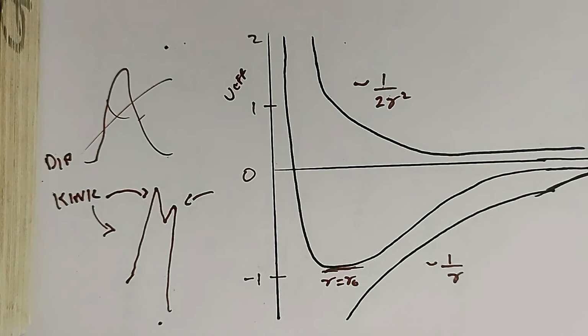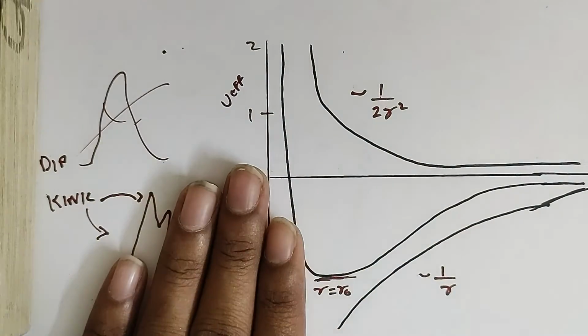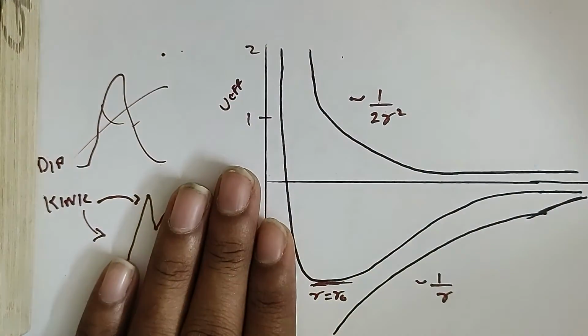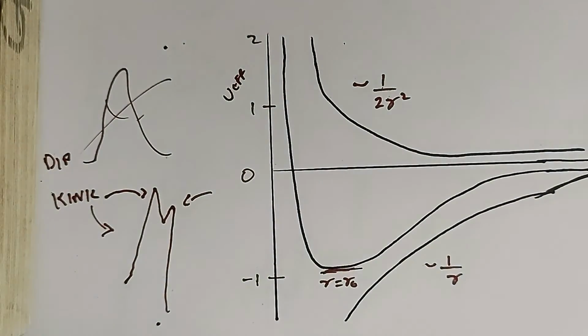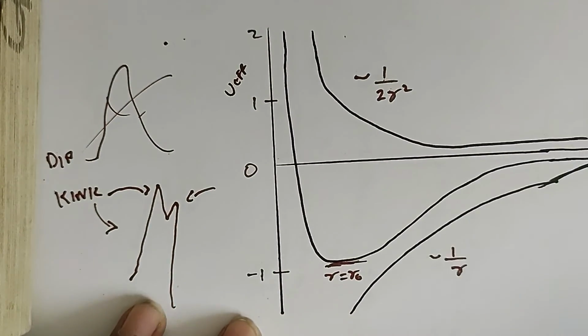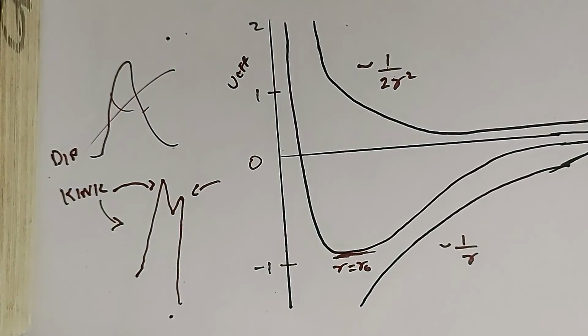This is how you interpret a graph, and why you need to interpret it is because you want to see something not just on paper but in actual observation. So that's one of the reasons why we study graphs. So this is all about the energy diagram, so to speak.